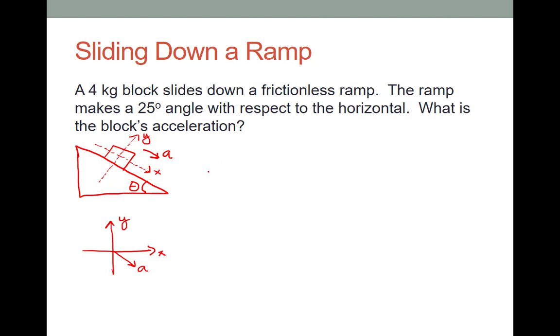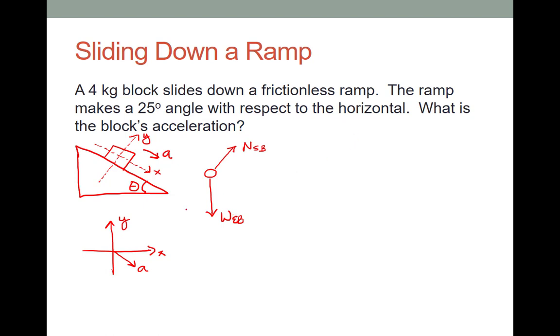If we think about the forces acting on it, we have a normal force. Remember, the normal force always acts perpendicular to the surface of contact. This means that the normal force is parallel to our y-axis. We also have the block's weight pulling downward, and it is not in either the x or y direction.